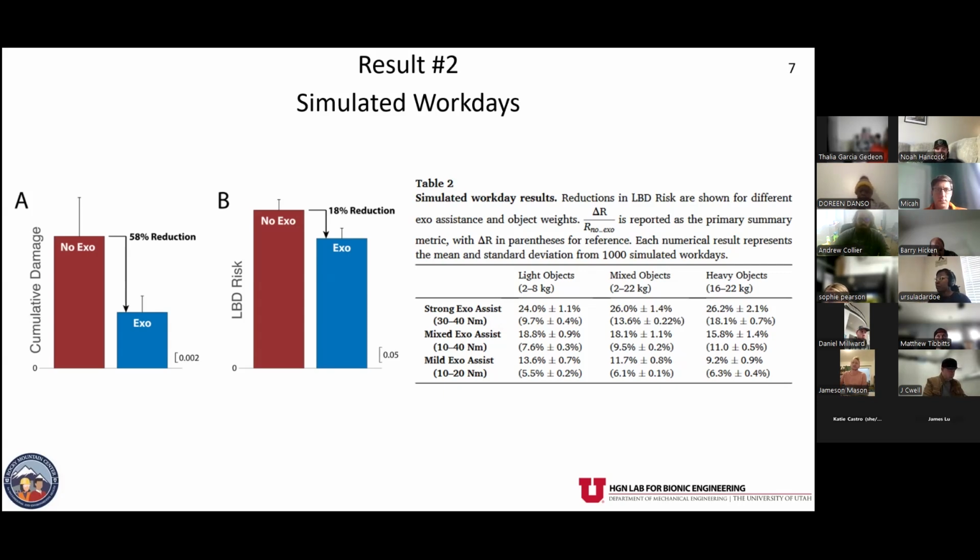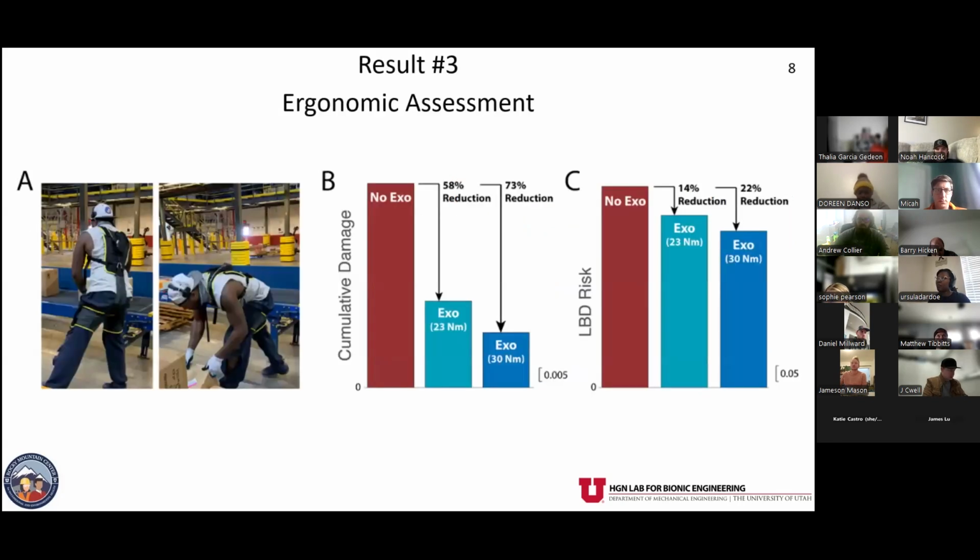The next result is more of an ergonomic assessment on an actual worker. For this person, they had them wear the exoskeleton and videotaped them throughout their shift. They did 200 something lifts on camera.